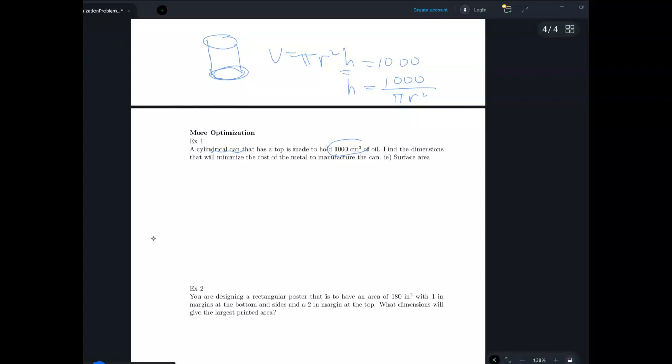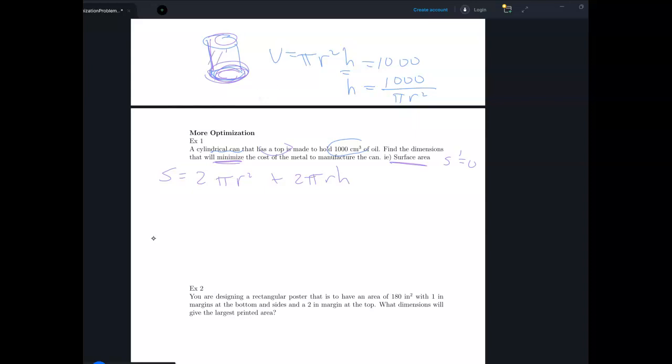Okay, so what is it we're trying to minimize, and what is it we're trying to take the derivative of? Minimize surface area. So I'm going to want to find the surface area equation and take the derivative and set it equal to 0. It has a top, so the surface area would be bottom and top, so I'd have 2 pi r squared, and then the lateral surface area would be 2 pi r h.